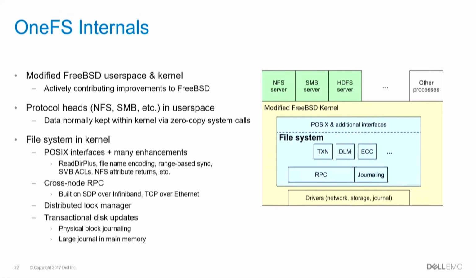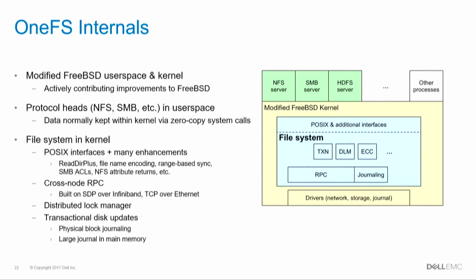And then for the protocols where performance is more important, like NFS, SMB, HDFS, we'll build a custom protocol head that takes advantage of a lot of the changes that we've made at the file system layer to do things like zero copy, so that we don't need to move data between the network user space and back into the kernel for the file system.